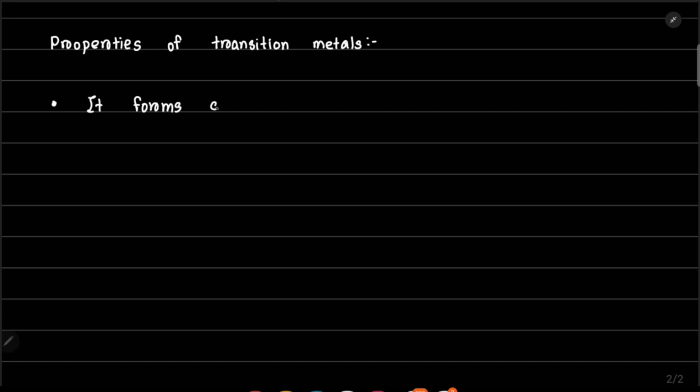Now we'll be learning about some properties of transition metals. The first property is that they form colored compounds and ions. Most group 1 and group 2 ions and compounds are mainly white or gray. However, for transition metals we can have colorful compounds.